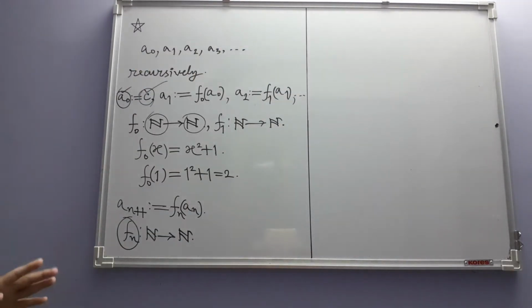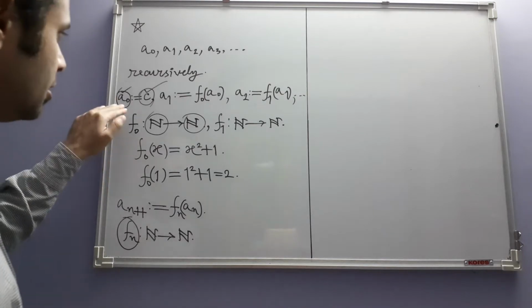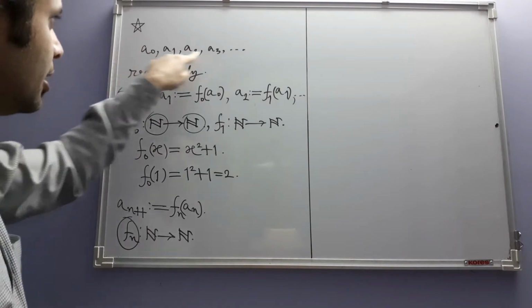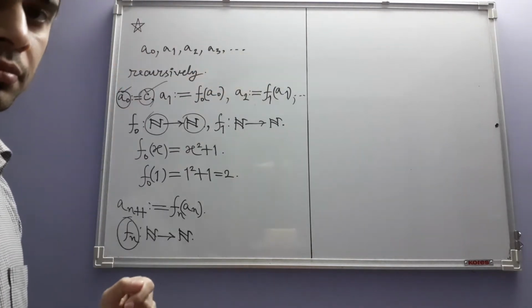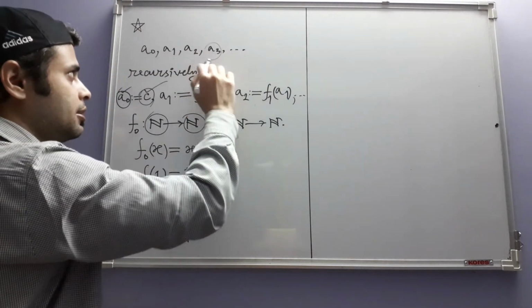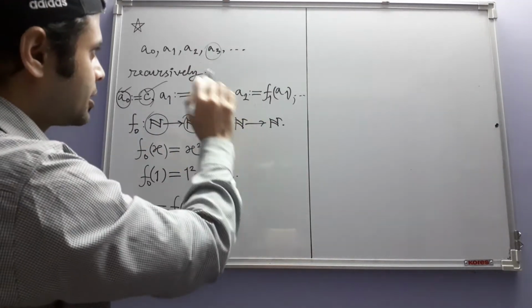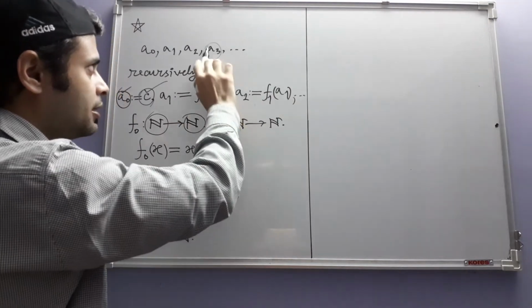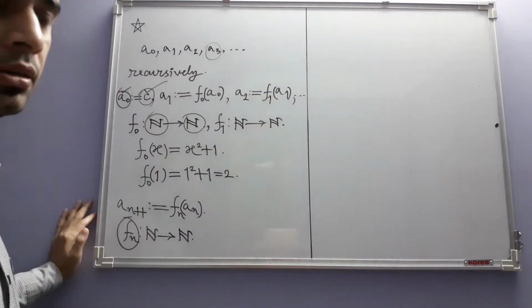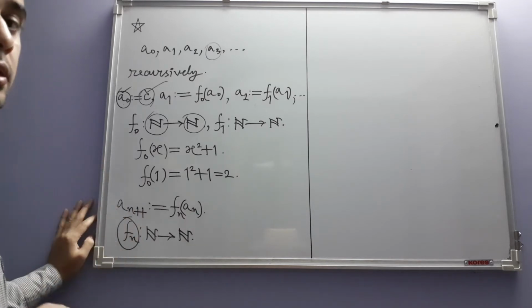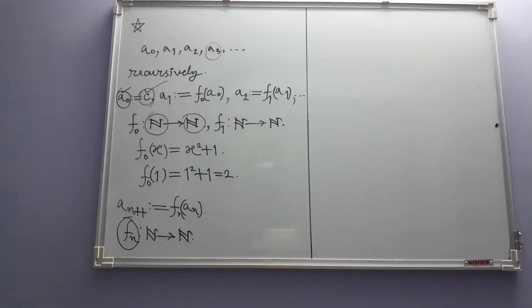But the question is, if we keep on doing this, shall we actually get all the values of the terms in this sequence? This is an infinite process, right? So what is the guarantee that I will end up defining all an for every n? To answer that, I need a result, and that result is known as the principle of recursive definition.